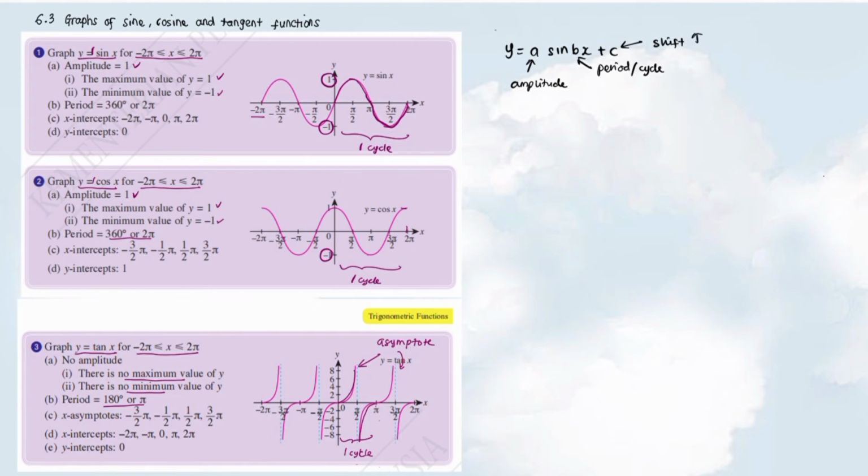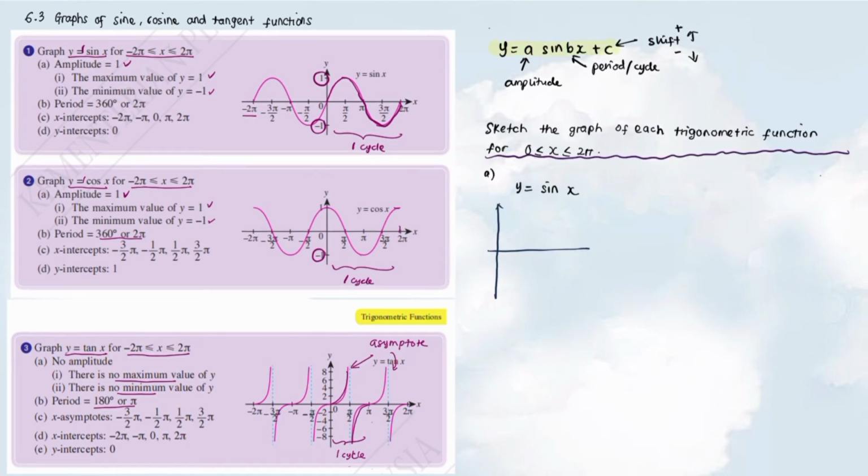If the value of c is positive, the graph is shifted upward, and if the value of c is negative, the graph is shifted downwards. Similar transformations can be done on the graphs of y equal to cos x and y equal to tan x. The original shapes of the graphs remain unchanged. Changing the values of a, b and c will affect the graph.